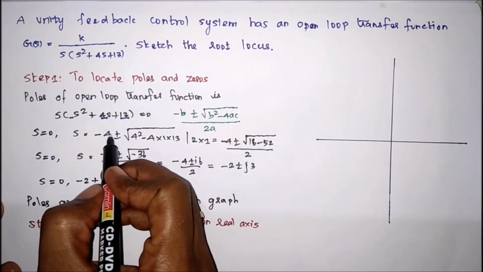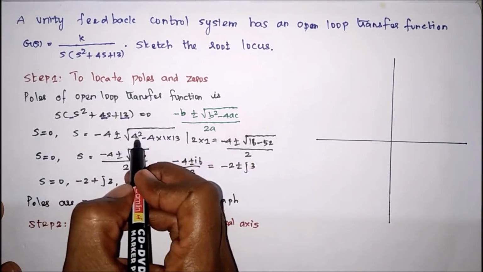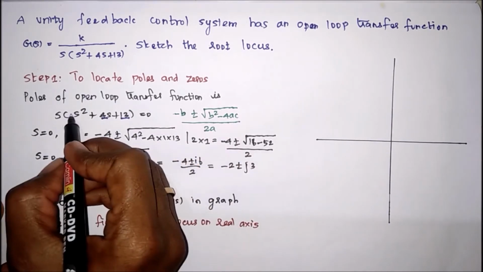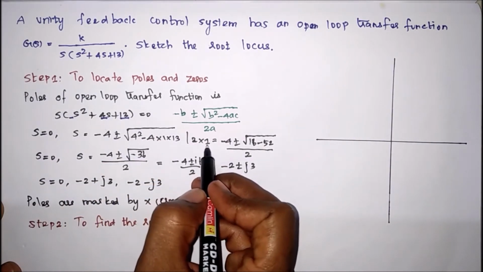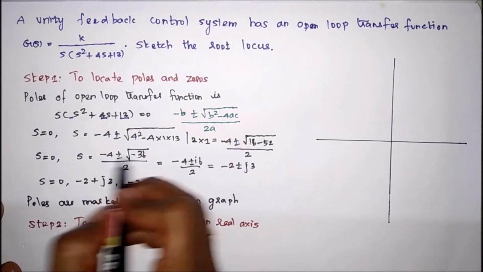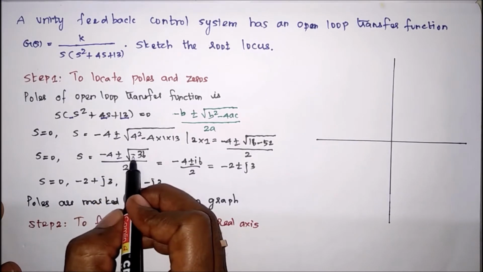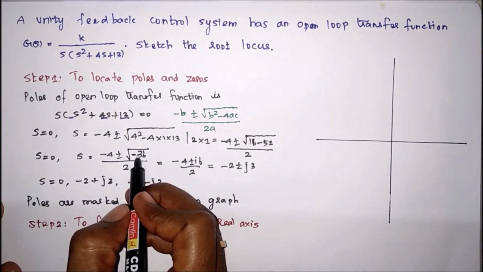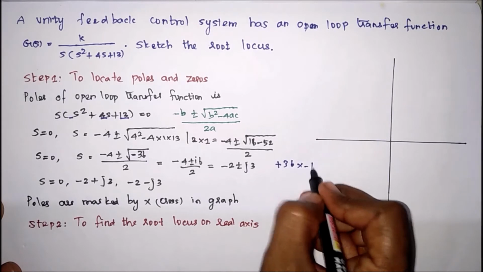So my b value is 4: minus b plus or minus square root of b square, that is 4 square, minus 4ac, 4 into a value equal to 1, c value equal to 13, divided by 2 into a value equal to 1. After simplifying this, we will get s equal to minus 4 plus or minus square root of minus 36. We can separate this into square root of 36 into minus 1.